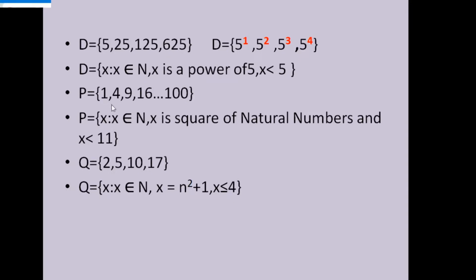That's why I have written set P is equal to the set of all x such that x belongs to natural numbers, x is the square of a natural number and x is less than 11, because 10 square is 100.